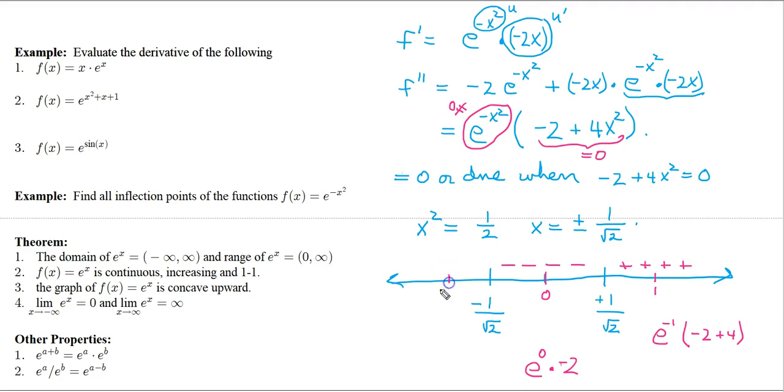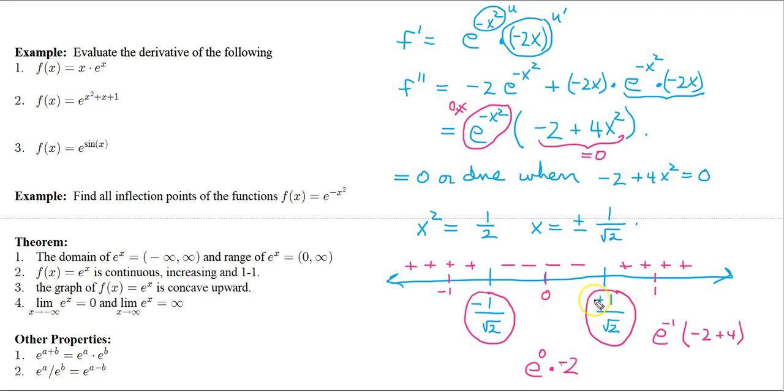And if we put -1 in here, we're also going to get a positive number when we put -1 into the x's for f double prime. And so there you go. Now we have determined that this is where the function has an inflection point, and this one as well.